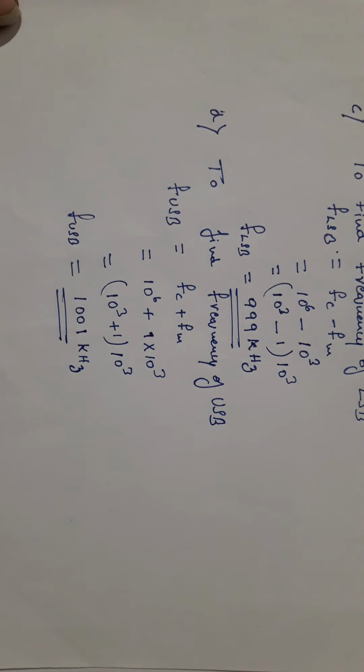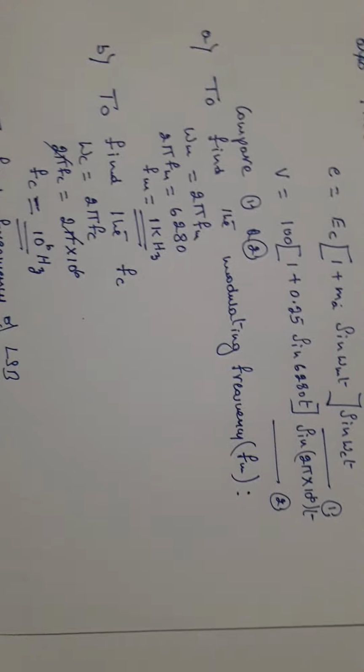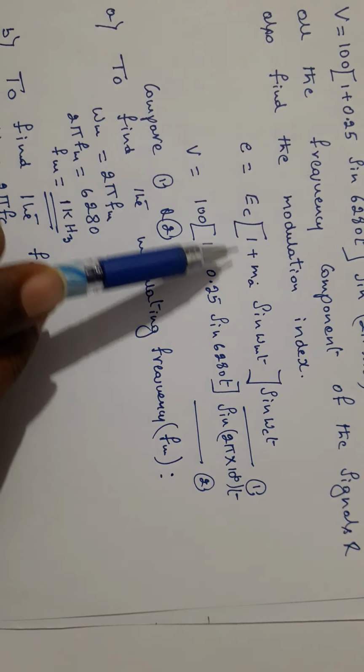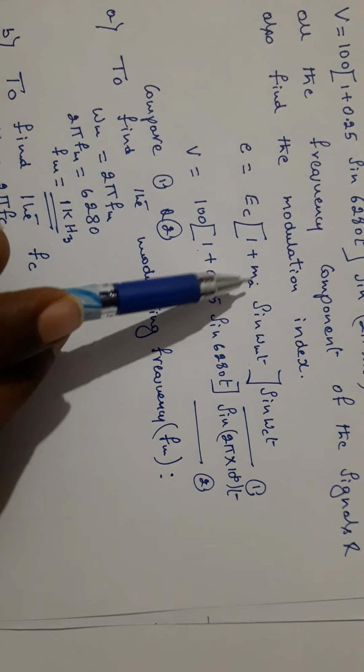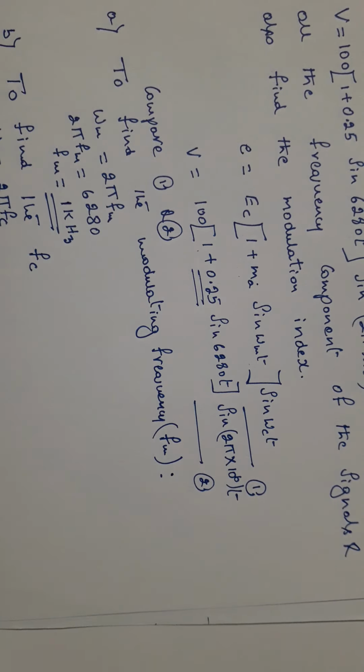And also in the question, we must find the modulation index. Observe these two equations. In 1 plus Ma sine omega m t, Ma equals 0.25.